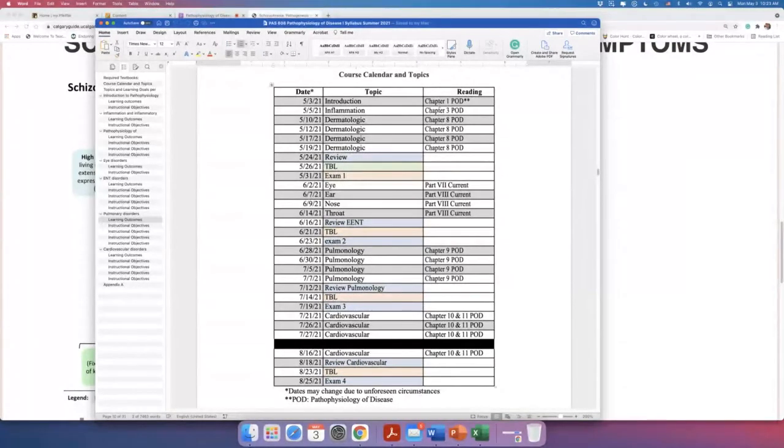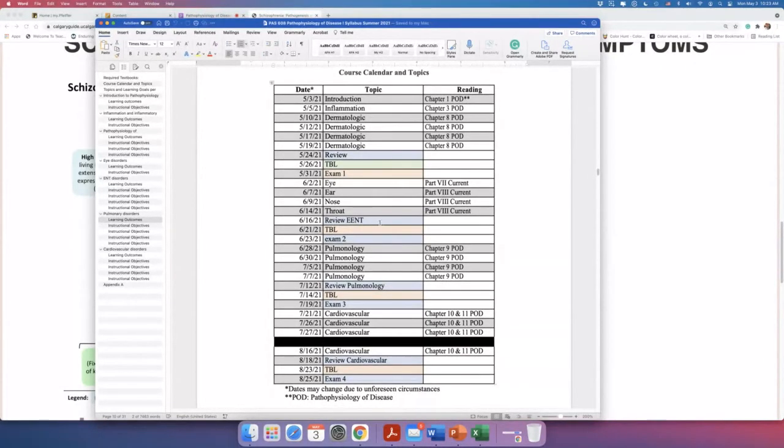Now, all of these chapters that you see here, chapters 1, 3, 8, are from the book Pathophysiology of Disease, which is the main book of the course. But in the next section, eye, ear, nose, and throat, there is nothing about ENT pathophysiology in the book, or maybe there is, but it's very spread out.